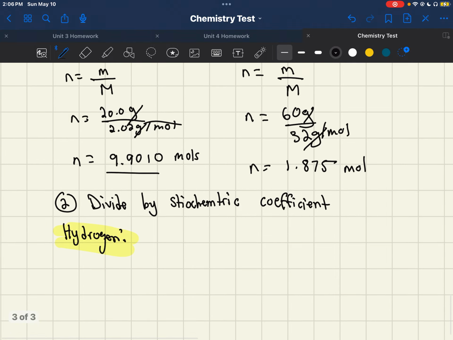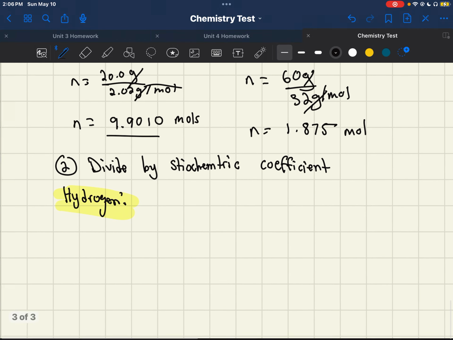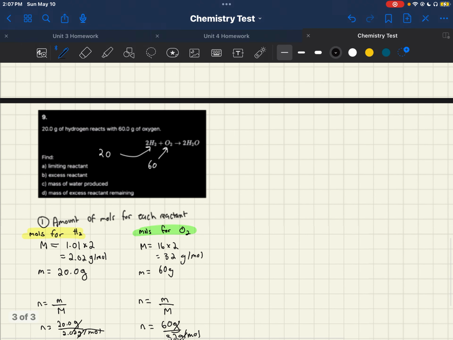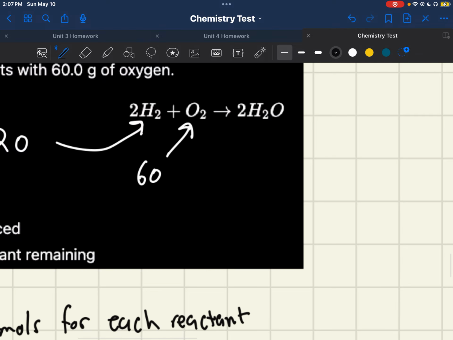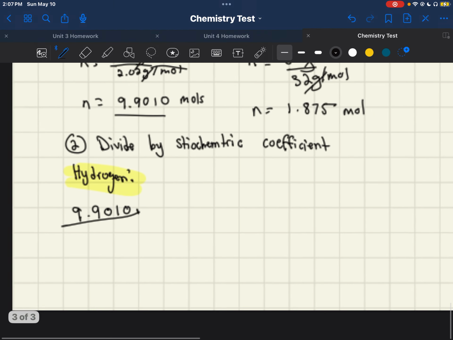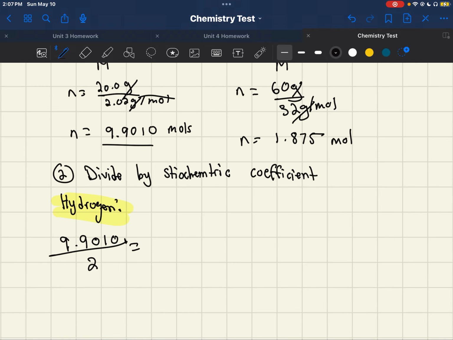So hydrogen had a mole of 9.9010. We're going to divide that by 2 because the stoichiometric coefficient is 2. Divide that by 2. What does that give me? It gives me about 5, so 4.9505.